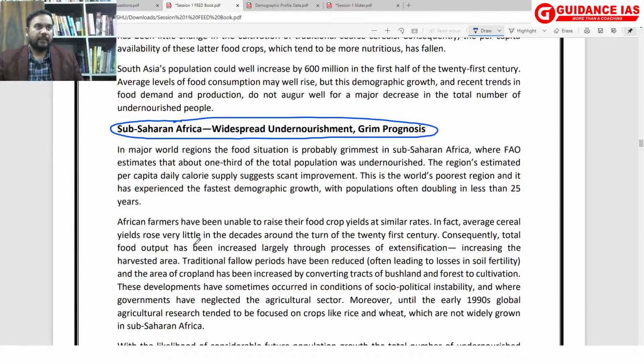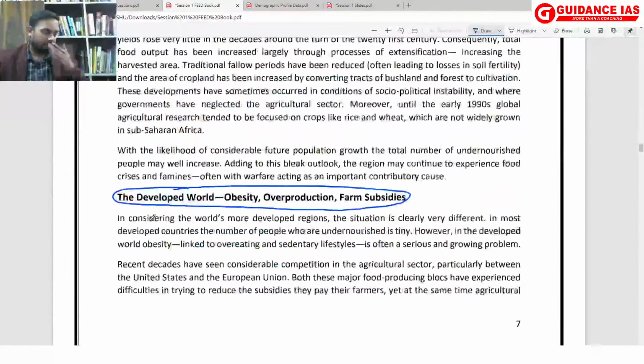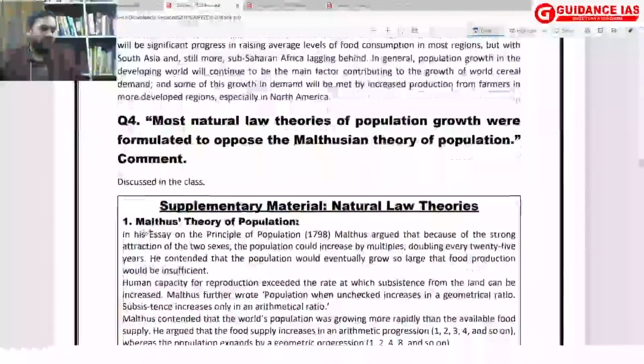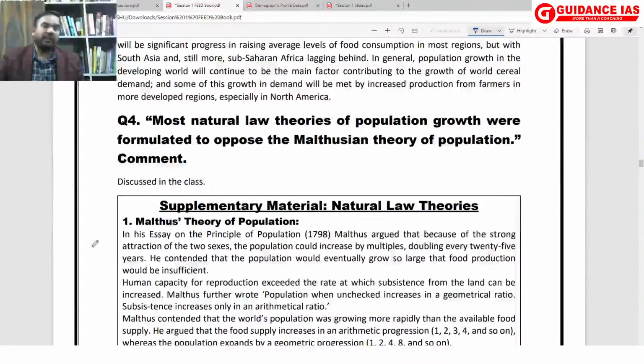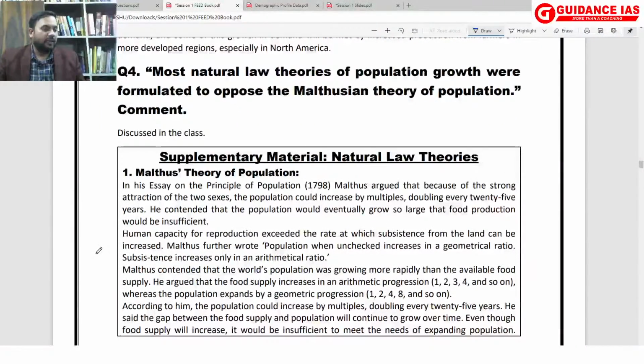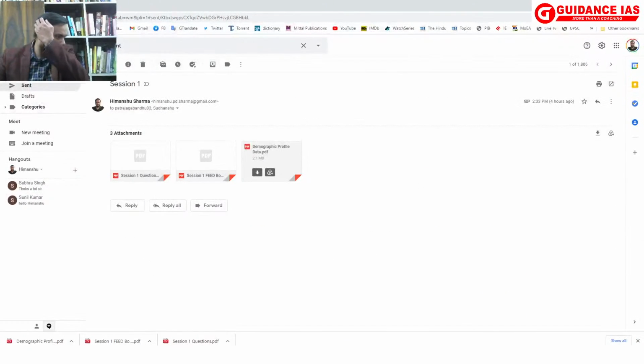Okay? So this is basically how we will be doing these questions. So I hope I have given you a fair idea of how the 500 plus would be progressing. Yes or no? Tell me.